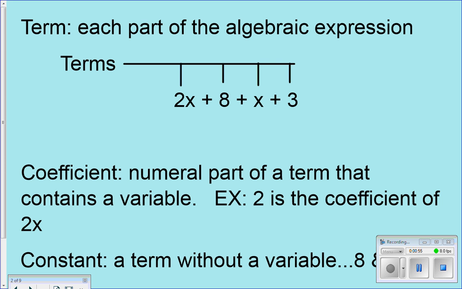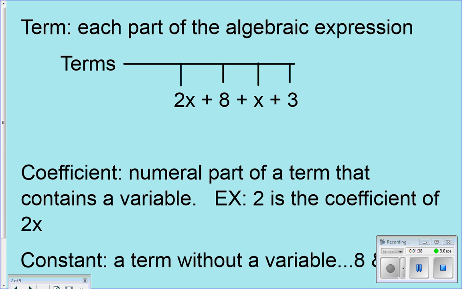It's the same thing here, only we're talking about expressions today instead of sequences. Okay, so term: each part of the algebraic expression.